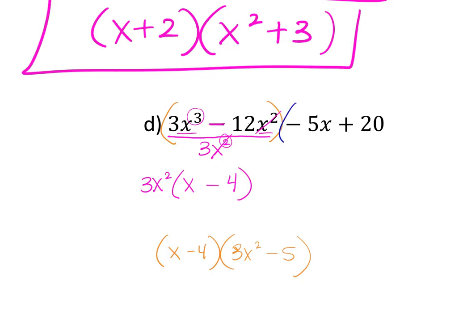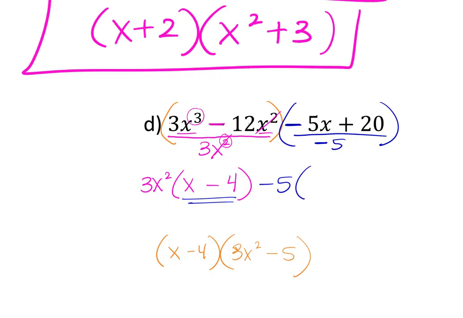Okay, now look at your second grouping. Both those are divisible by a 5. Now, if you think about it here, this was an x minus 4, and this has a minus 5 here. So if we factor out a negative 5, that's going to work out a lot nicer. You're going to be able to simplify it. So divide everything by a negative 5.